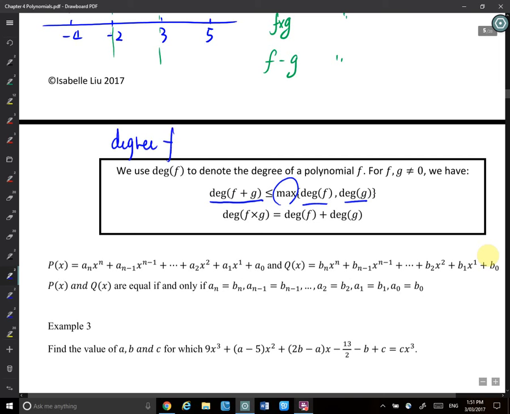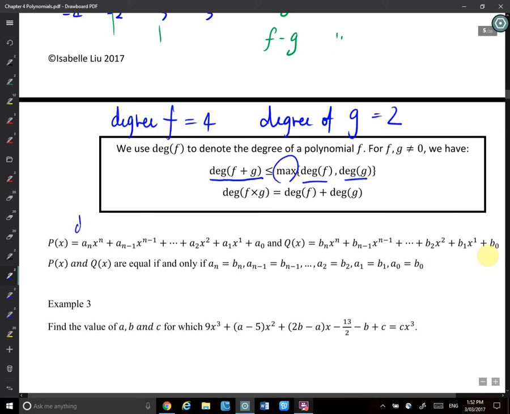degree of f equals 4 and degree of g equals 2, then the degree of f plus g will be smaller than or equal to 4.